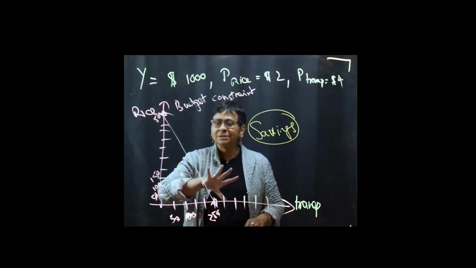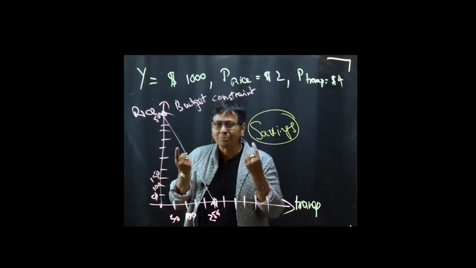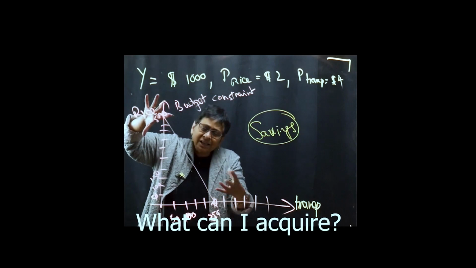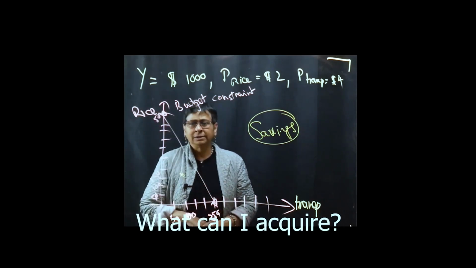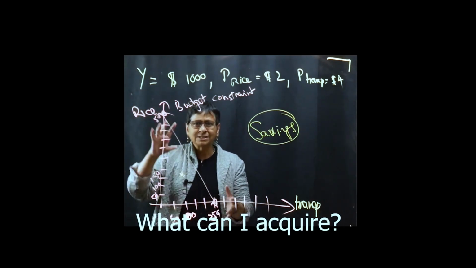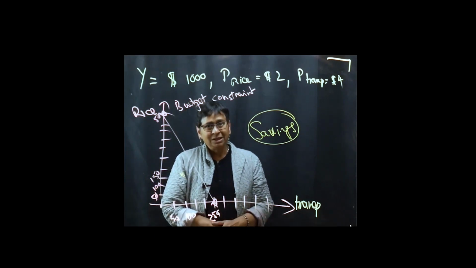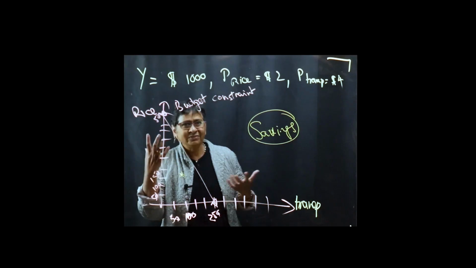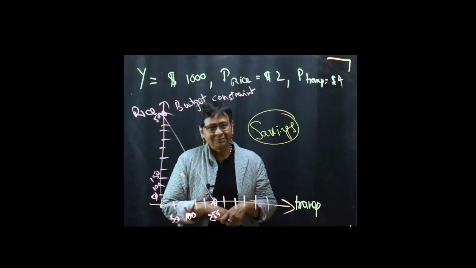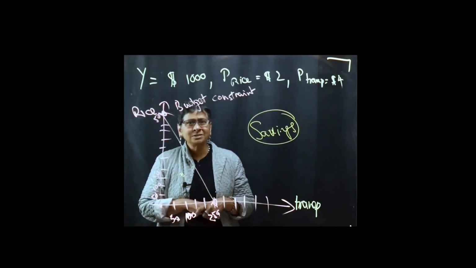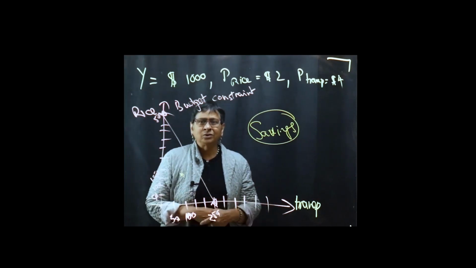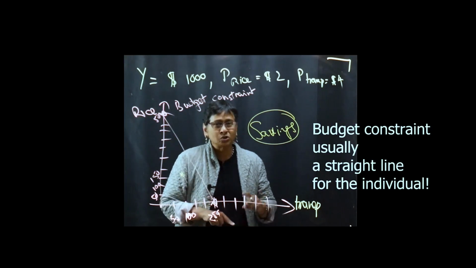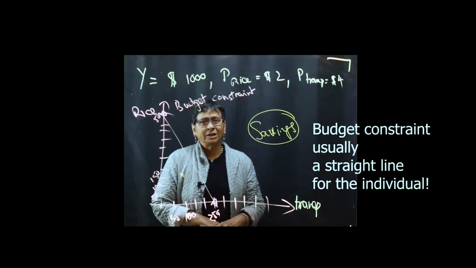But the budget constraint, remember, is like your PPF. It's like, what can I acquire given prices, given my income? Which is like the PPF. What can I obtain given resources, income, given productivity, prices? What can I acquire? What can I not, right? What's interesting is the budget constraint for an individual is usually a straight line.